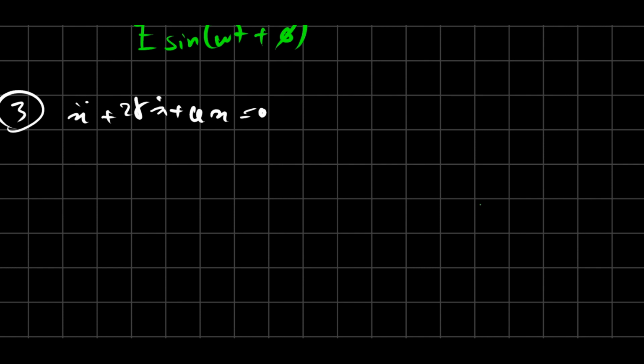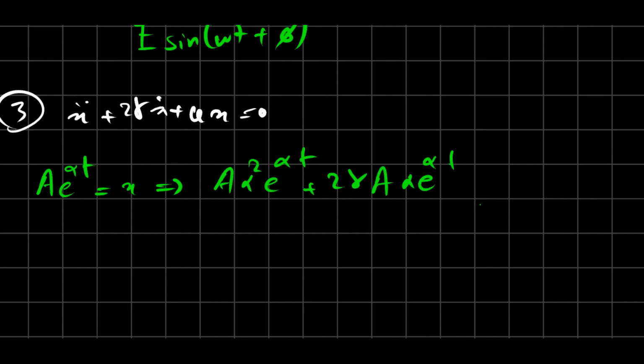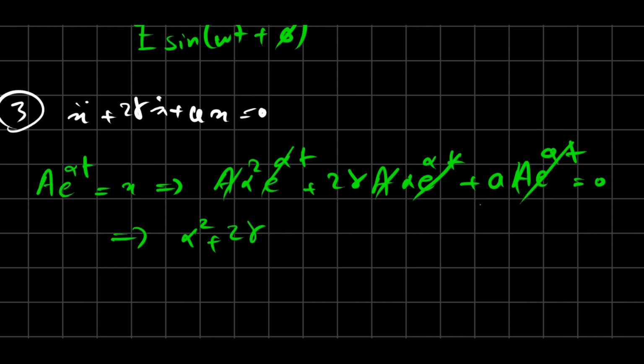And how can we solve it? Again, by plugging in a e to the power of alpha t as x. A alpha squared e to the power of alpha t plus 2 gamma a alpha e to the power of alpha t plus a e to the power of alpha t equals 0. So we cancel these terms, and we get alpha squared plus 2 gamma alpha plus a equals 0.